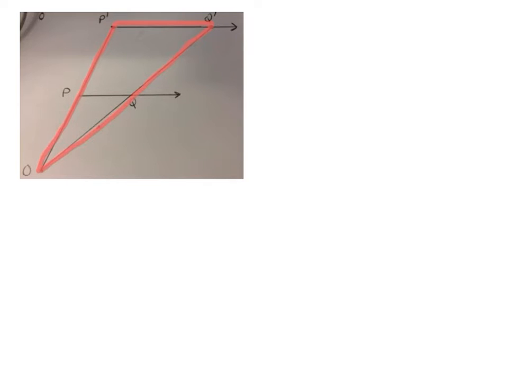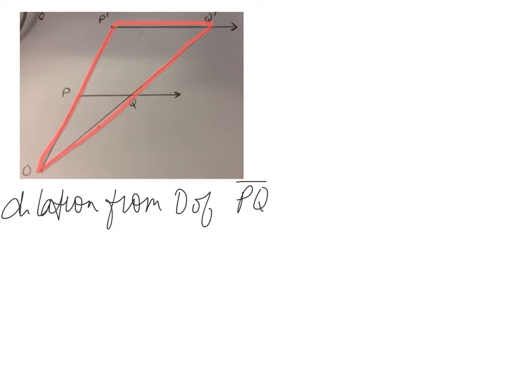Okay, we introduced the dilation theorem. I think that was last lesson. And if we talk about that a little bit, just to reinforce what we're learning, the dilation from O of the segment PQ is the segment P prime Q prime, right?